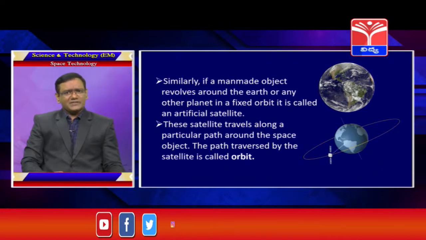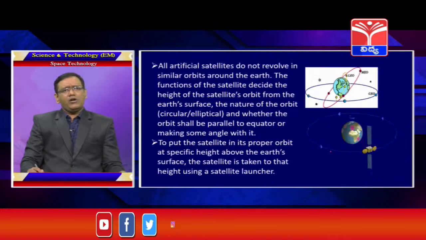You can see in this image, one artificial satellite is revolving around the Earth. This path is called the orbit. All artificial satellites do not revolve in similar orbits around the Earth. The Earth has different types of orbits.